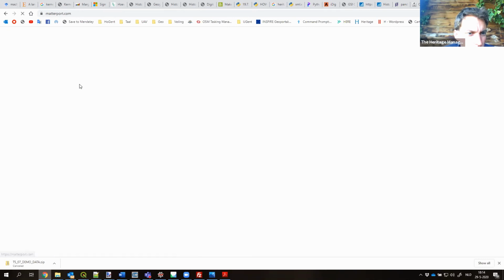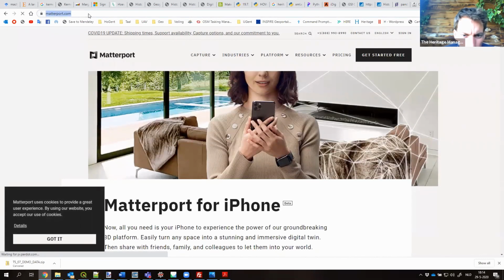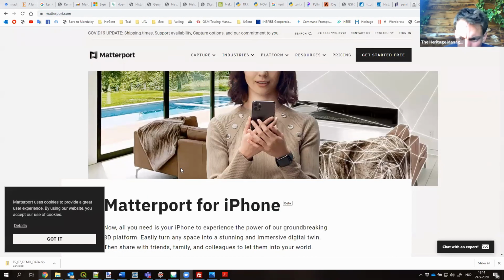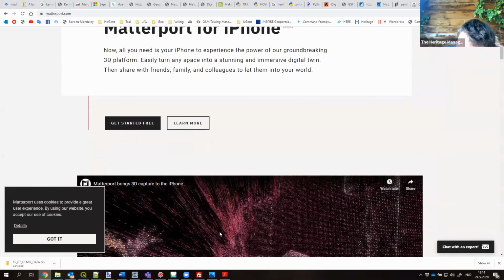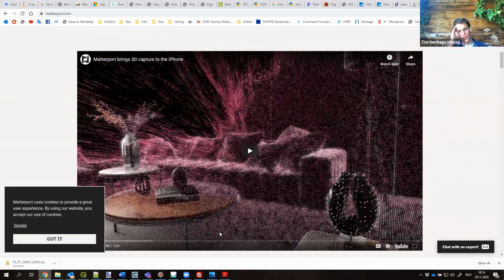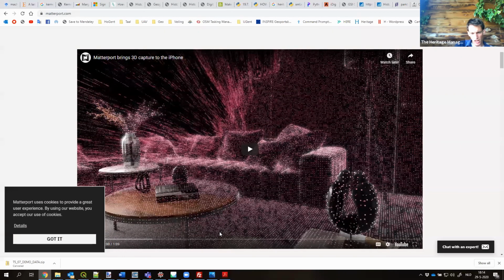If you go to this website, I will share it with you. Voila. Apparently there is a system available where you can use a laser scanner on a smartphone.